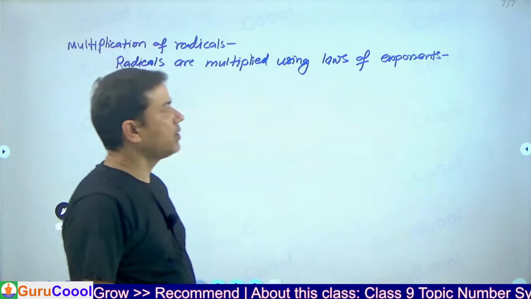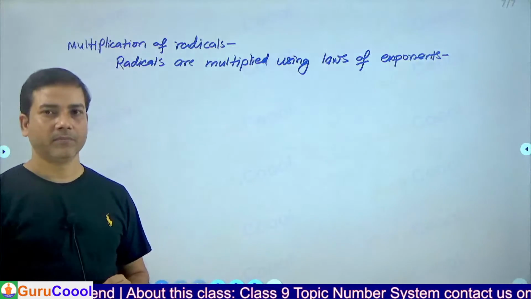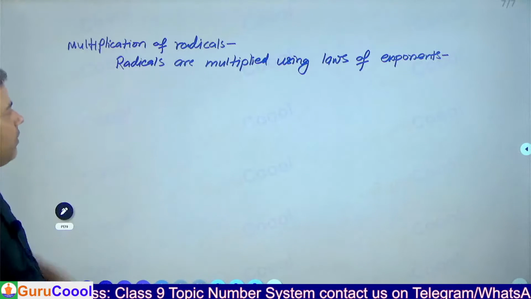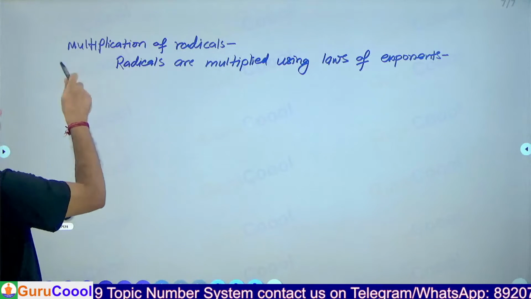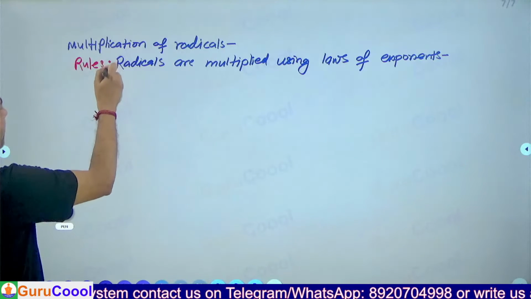You might have studied laws of exponent in grade 6 and 7. The same laws of exponents can be used here when multiplying radicals. I'll show you some examples.